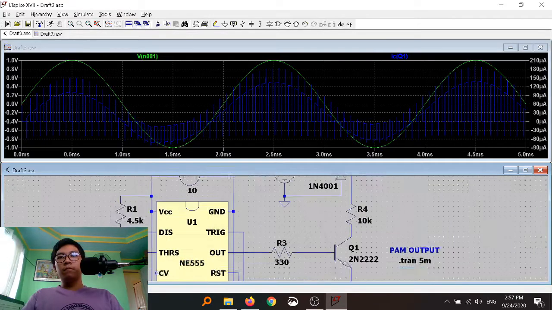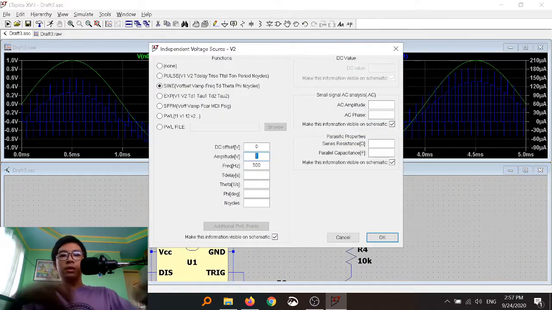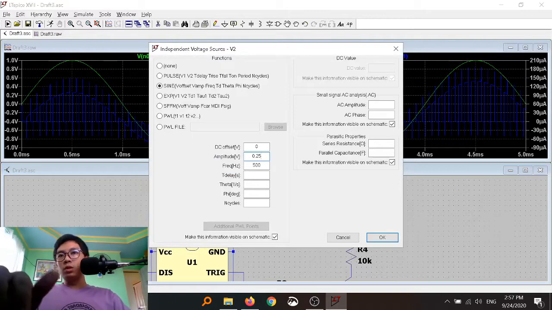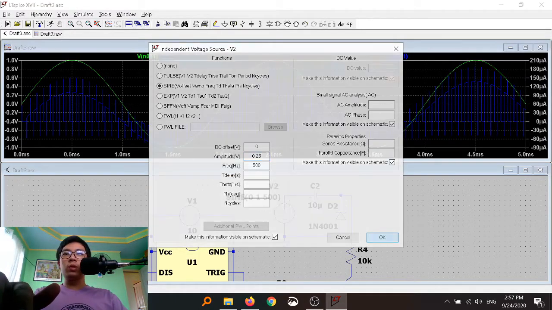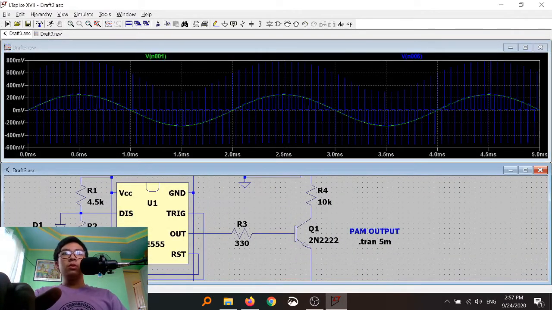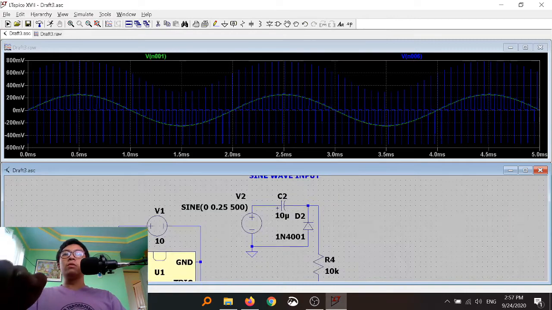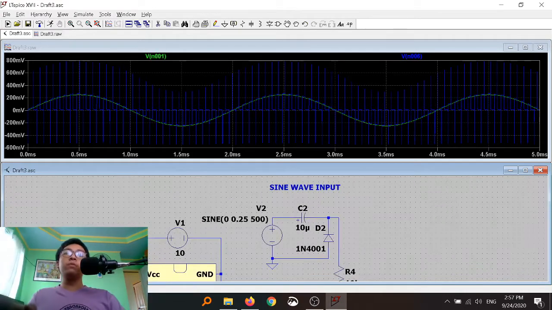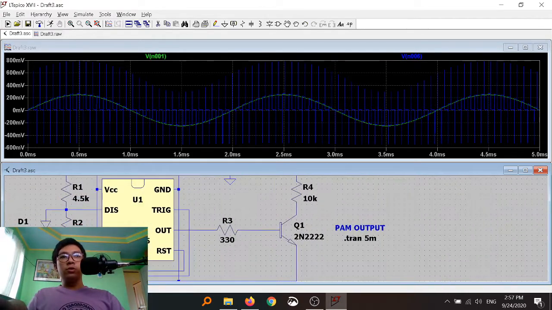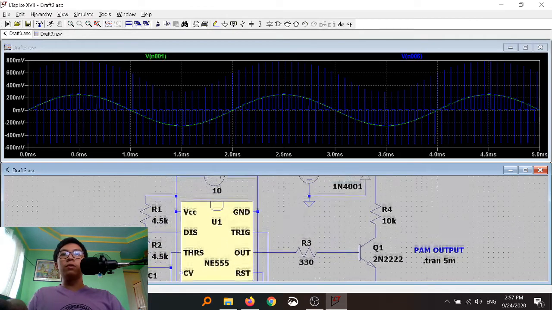And if you manipulate that, let's say the amplitude of the sine wave is just 0.25. So the lower the amplitude of the sine wave input, the closer the pulse amplitude modulated signal will be to the outline of the analog wave.